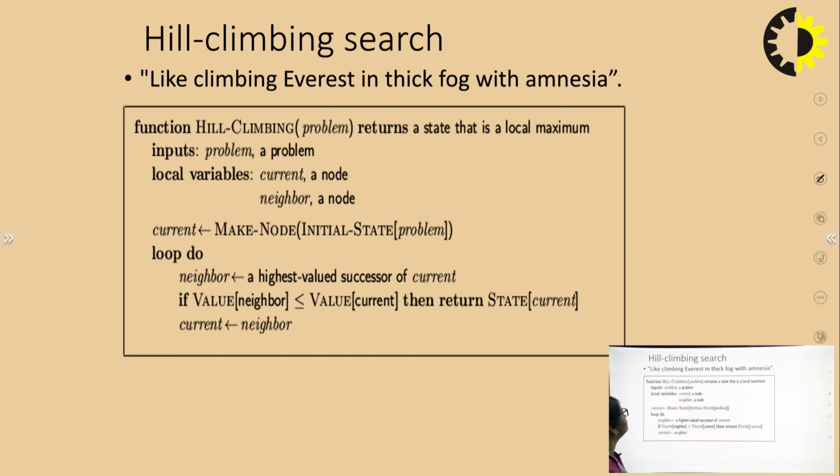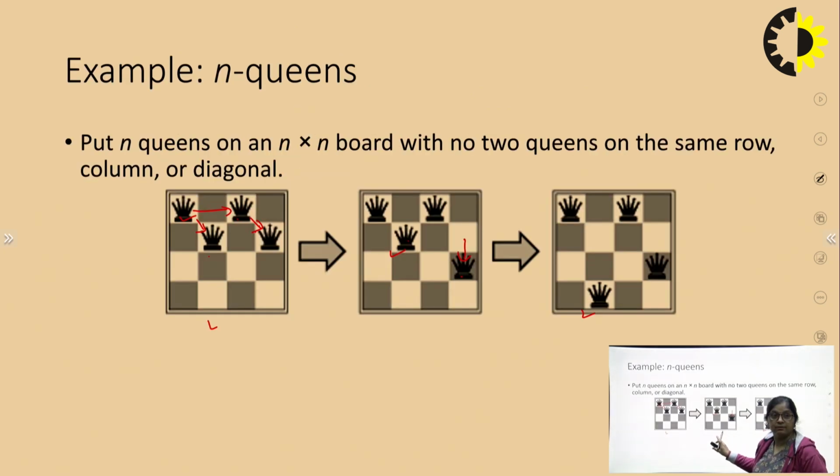So the first one is hill climbing search. In hill climbing search, this is the current state, and we have to improve it. So we need to move to some better state.